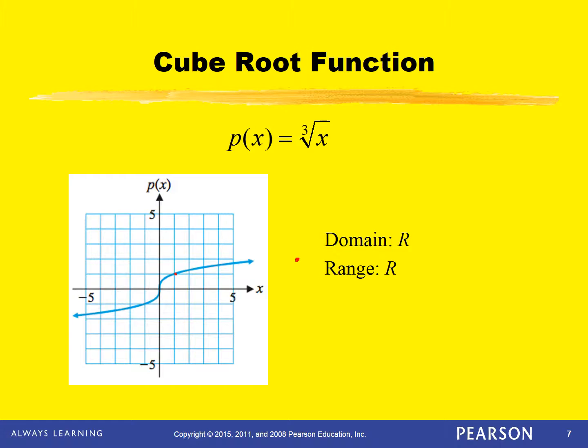This has origin symmetry, so you can go right across the origin and get a point (-1, -1), and a point (-8, -2) for this cube rooting function. The domain is the set of all reals, because you can take the cube root of any real number. That's allowed for any real number. And the range is the set of real numbers. The outputs cover the entire vertical dimension.